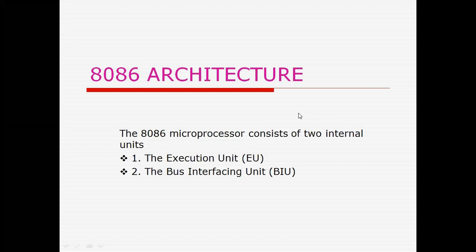To perform these operations, the microprocessor requires a set of communication lines, a group of lines called buses. So we have the 3 buses: address bus, data bus, and control bus. Actually the control bus is not a group of lines, they are individual signals, but in general we call it a control bus.